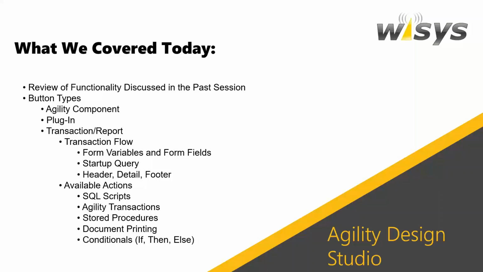And then we went through all the different transactions, which of course there is a lot, but in the flow, we have that ability to capture information hard coded through form variables or user entered through form fields. We have a startup query that we can do to run a validation before we perform any transactions.